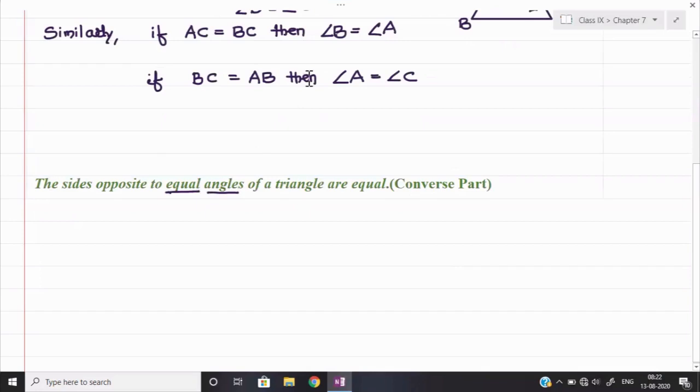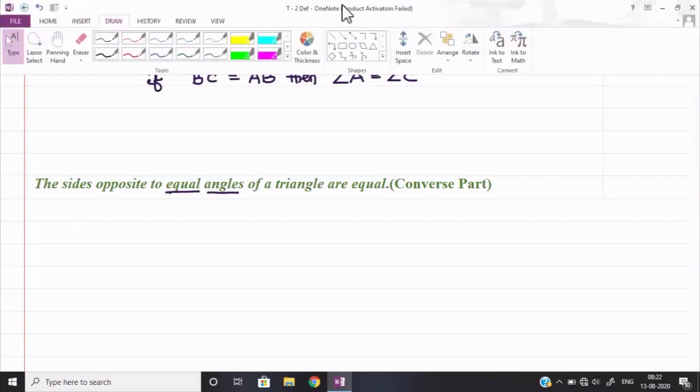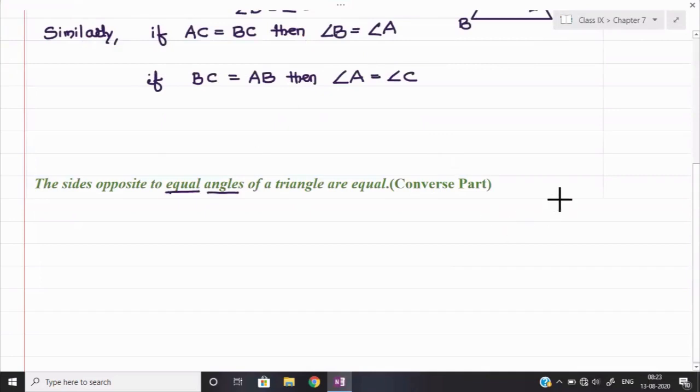So suppose I draw one triangle once again, and in that triangle I take two angles equal. Suppose this is my triangle. We'll change the name this time, we'll take it as PQR.